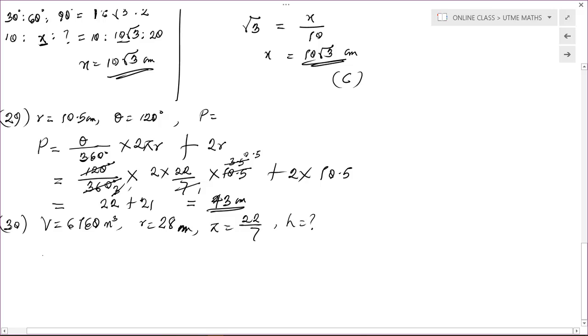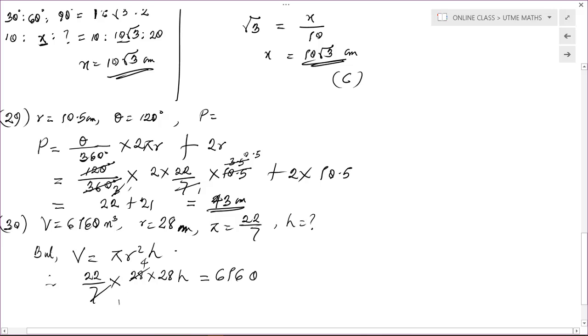Now let's go to the formula. We now say that V equals pi r squared h. So that is to say pi is 22 over 7 times r squared. That will be 28 times 28 h equals 6160. 7 here 1, 7 here 4.